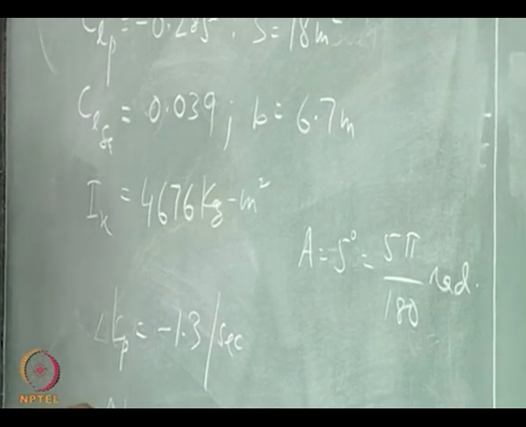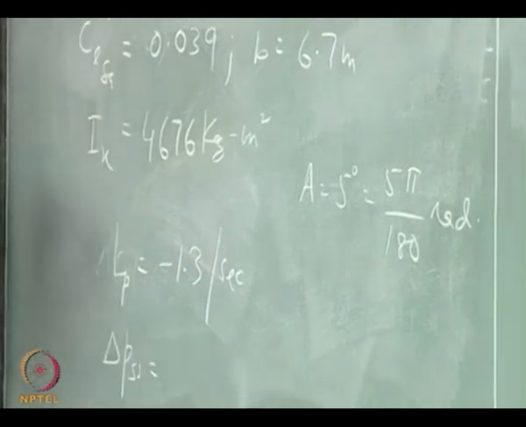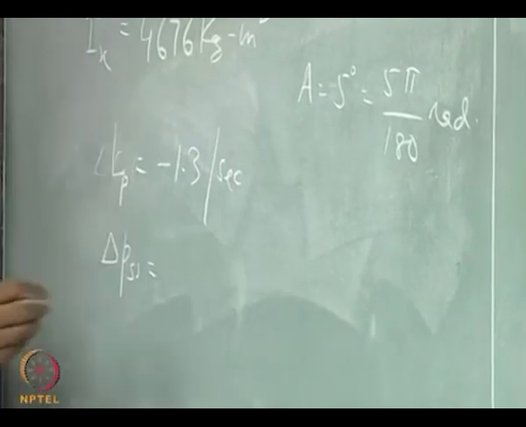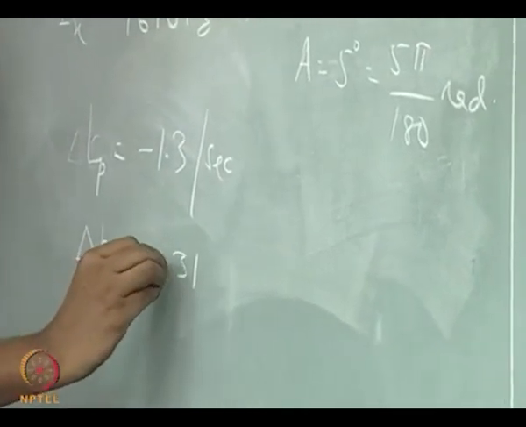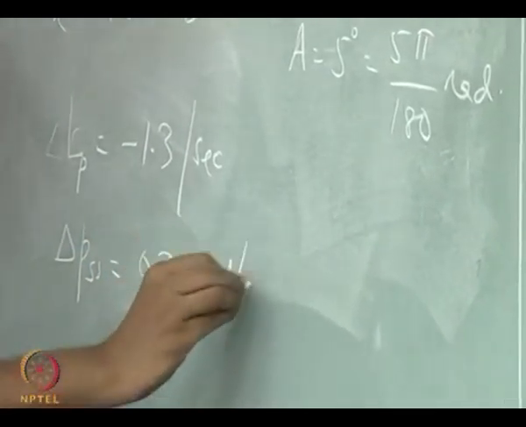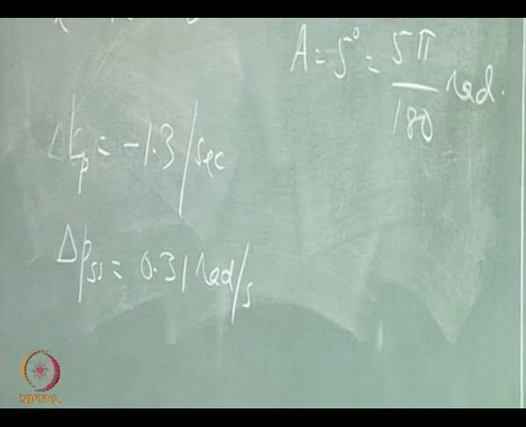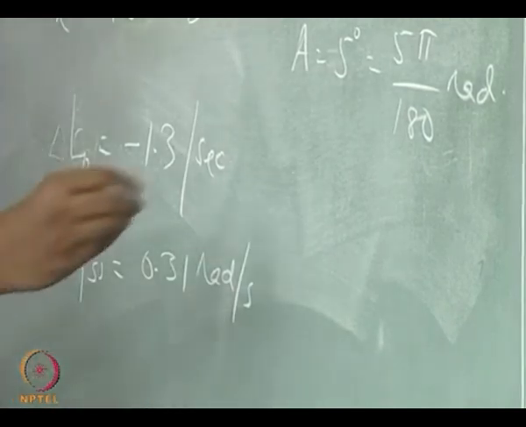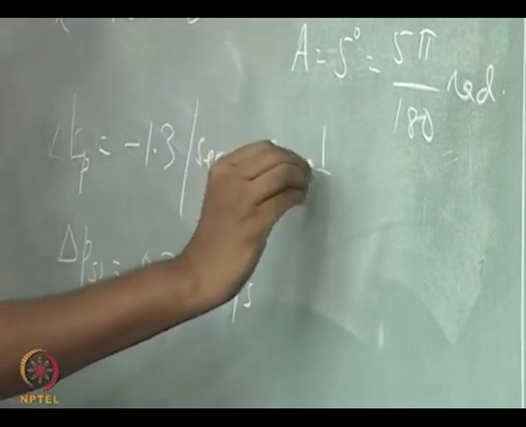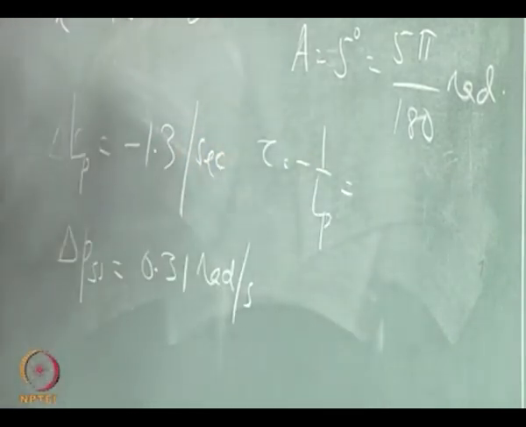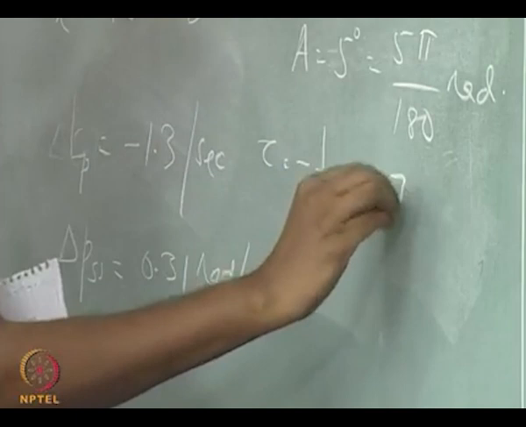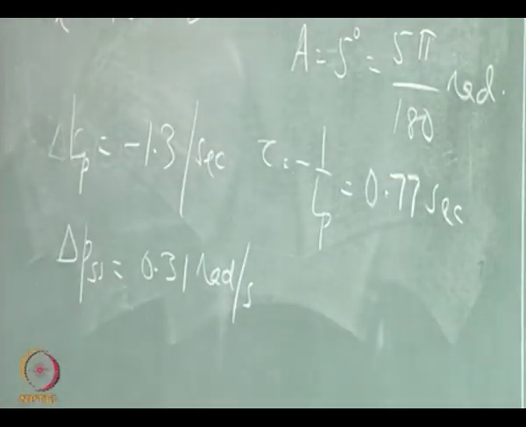So, delta P SS is 0.31 radian per second using that formula. And so, you know the time constant from here, which is 0.77 seconds.